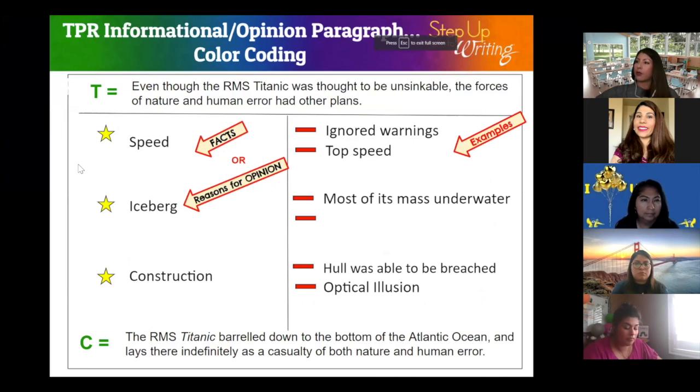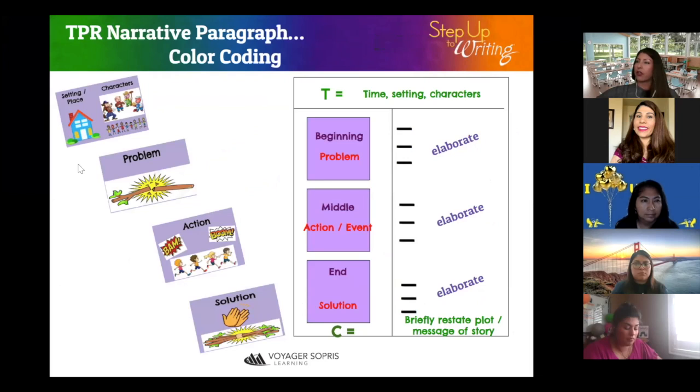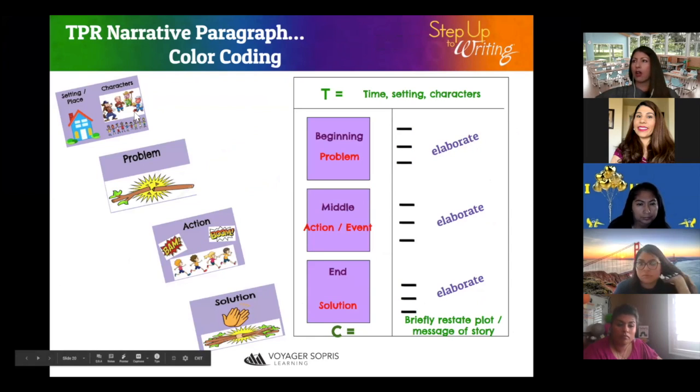All right, so we already talked about the structures for the narrative and for the informational. So these cards that you see here, the setting and characters, the problem, the action, and the solution, these are the elements that are required in a narrative.